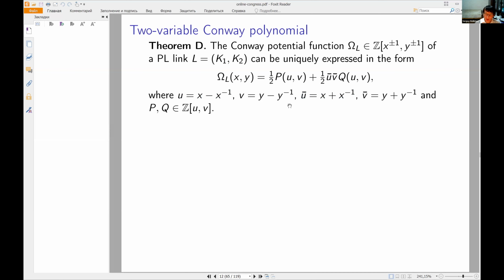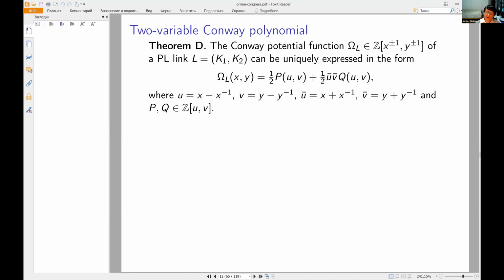And also the same for y minus y inverse and y plus y inverse. And it's easy to see that you can write this Conway potential function of two variables as a polynomial in u, v, u bar, and v bar.